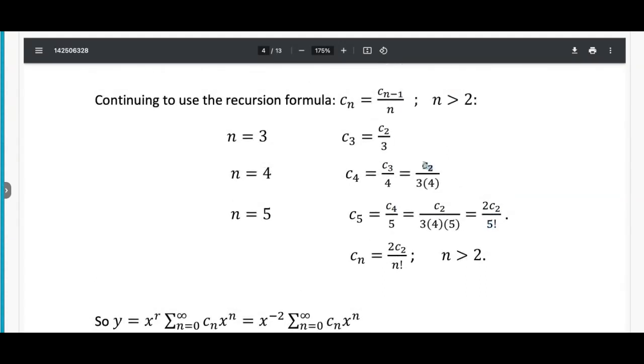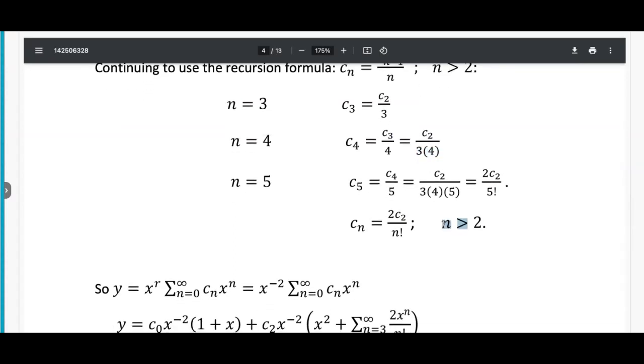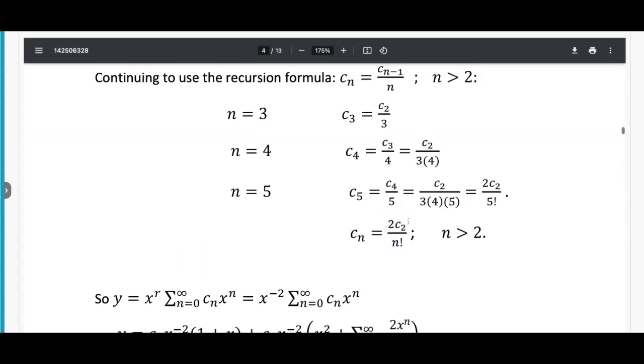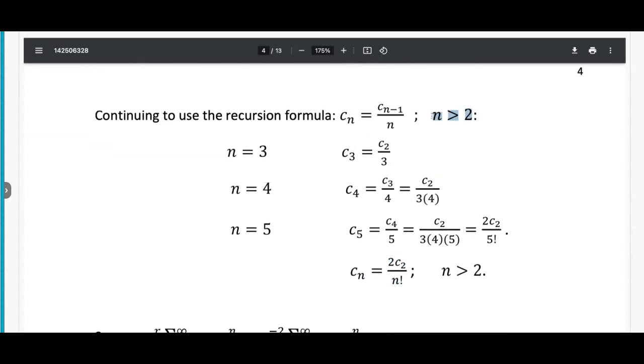If we do the same for C2, if we multiply 2 with C2, we would have 2, 3, 4 in the denominator, which is 4 factorial. So for n greater than 2, we see the nth term with the C2 term, because we started with 2.